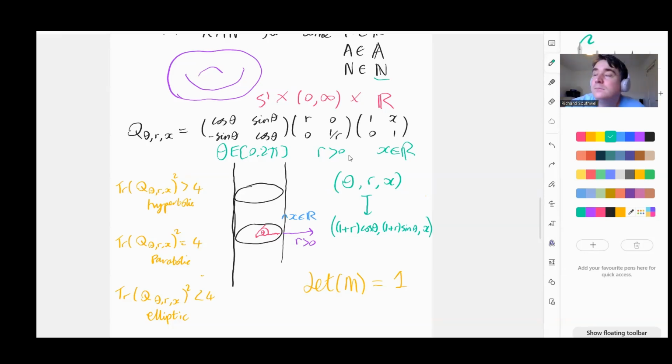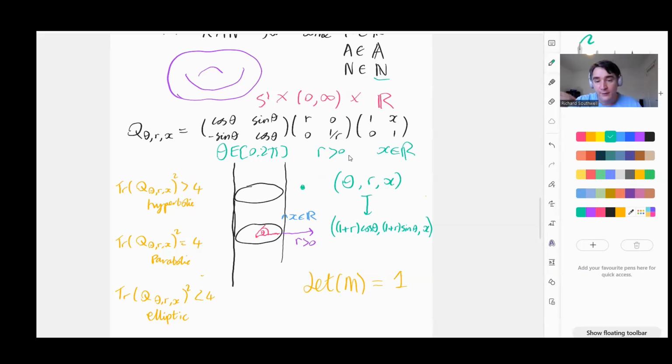So if you imagine we have a plane, then when we have a certain angle, that's going to be a certain angle around this unit circle. And then when we have our value little r, then we're going to come out away from the circle a distance r, and then we're going to go up by a distance x.